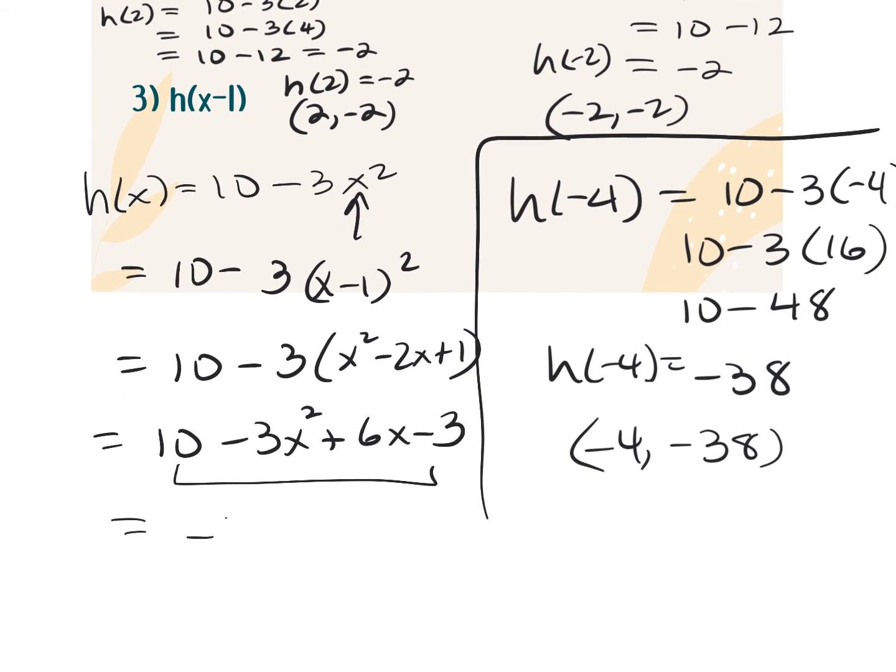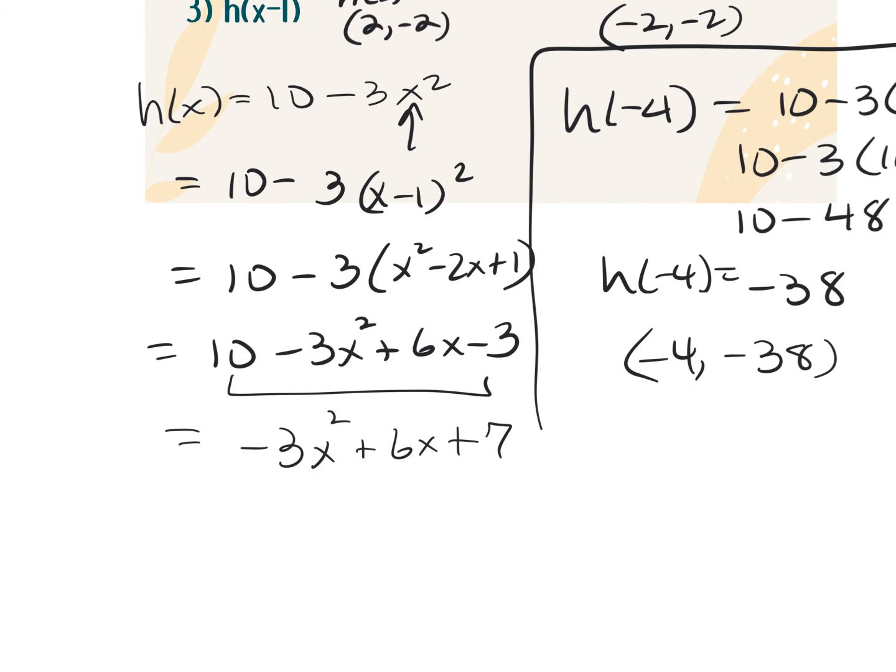So I get -3x squared plus 6x plus 7. And that's what h of x minus 1 equals. So as an ordered pair, it ends up being x minus 1, and then comma, -3x squared plus 6x plus 7.